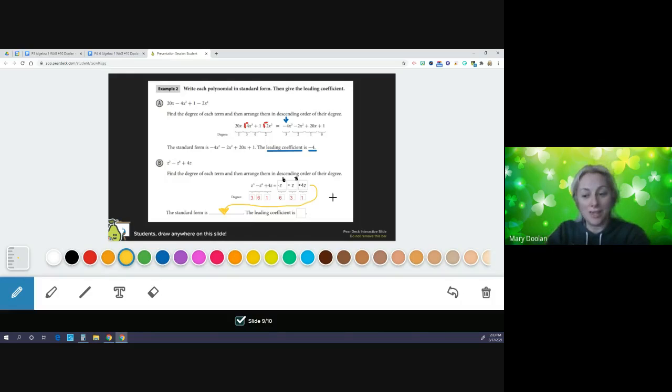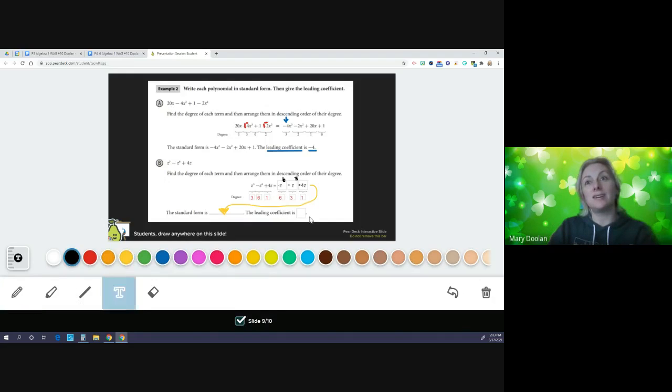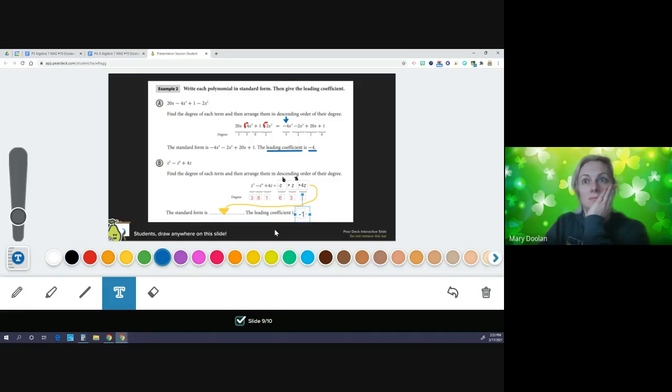The leading coefficient. Look at the term with the power that is highest degree, negative z to the 6th power. Very first thing you see is that negative, but it's not just negative, it's negative 1. You know, negative 1. Because that's what's right here.